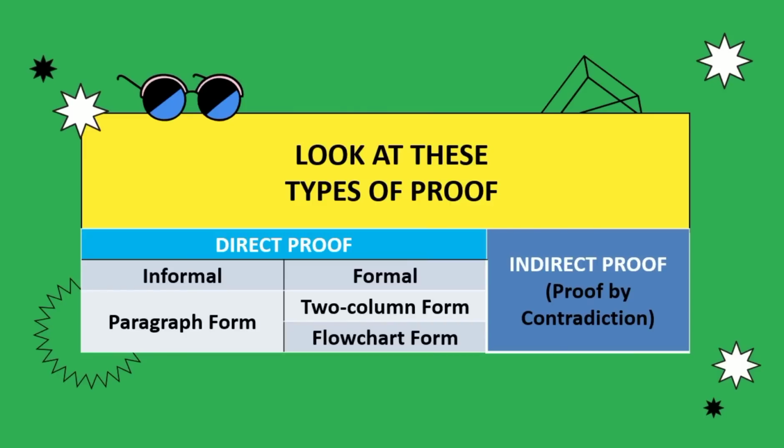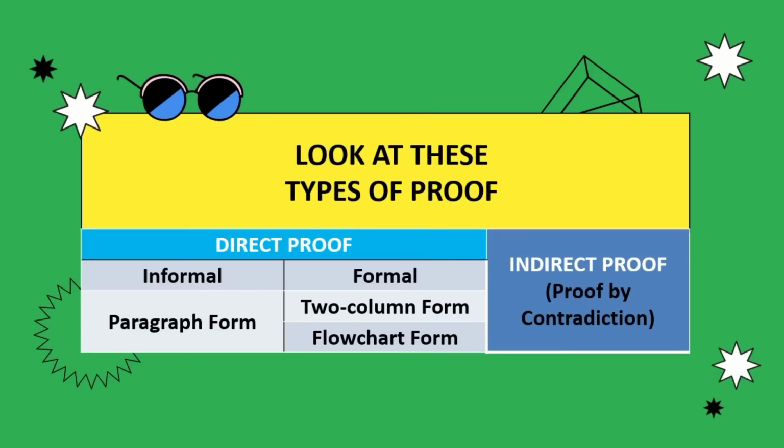Ito yung madalas ginagamit kapag nagpo-prove tayo. Now, informal kasi itong paragraph, basta nilagay lang siya, naka-paragraph siya, tuloy-tuloy, okay? And then itong formal, meron tayong two-column and flowchart. So this is formal kasi organized, okay? Step by step, makikita nyo yung process, okay?